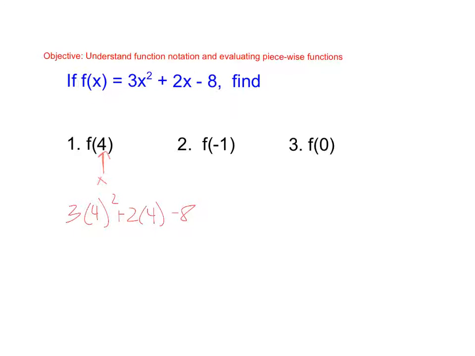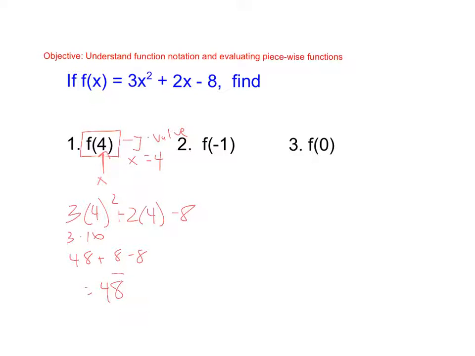All this is saying is, what is the y value? f of 4 is the y value when you plug in 4. So 4 squared is 16, 3 times 16 is 48, plus 8 minus 8 is 48.